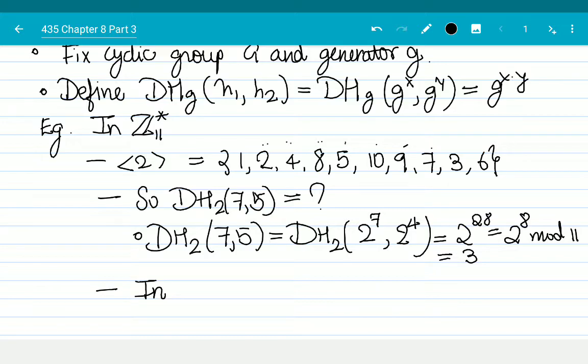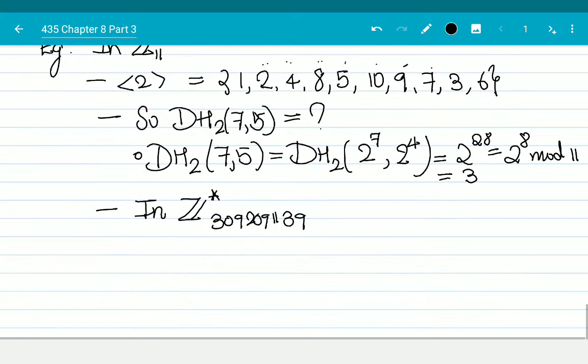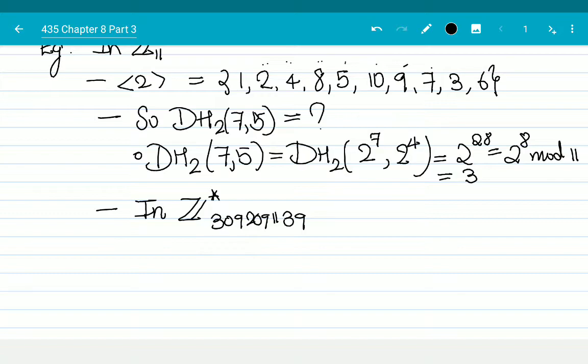In Z star 30920911139, which I don't know if it's a prime or not. I'm going to hope it's a prime.